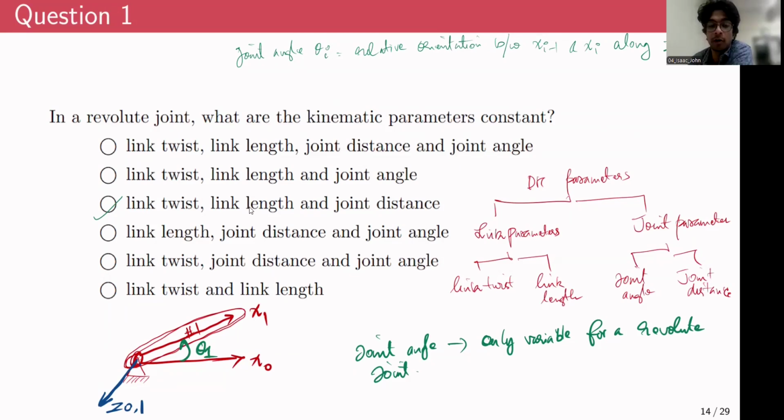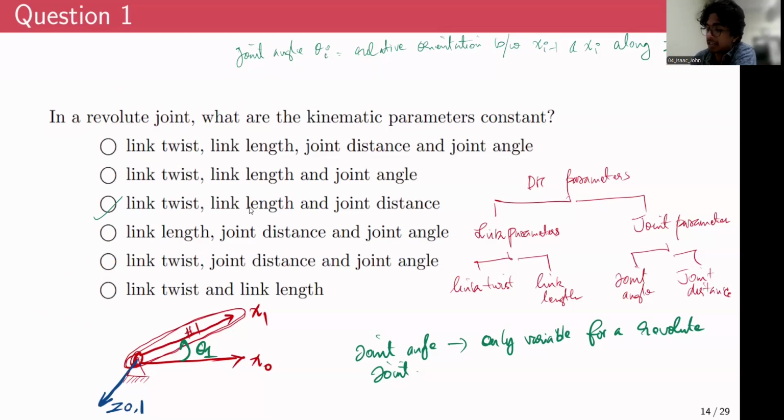The distance along Z0 and Z1 is going to be varying. Everything else is going to be the same. So in case of a prismatic joint, the only variable is joint distance. Everything else is a constant. It won't vary with the configuration.